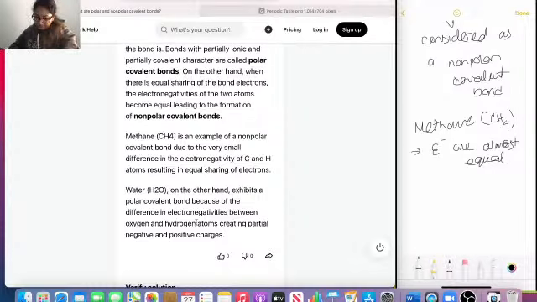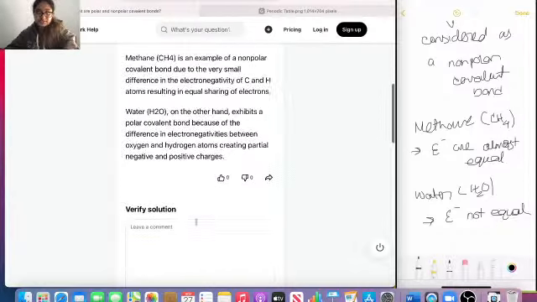Whereas if you have H2O, water, they have a big difference, so not equal. So partially negative and partially positive. So this is correct.